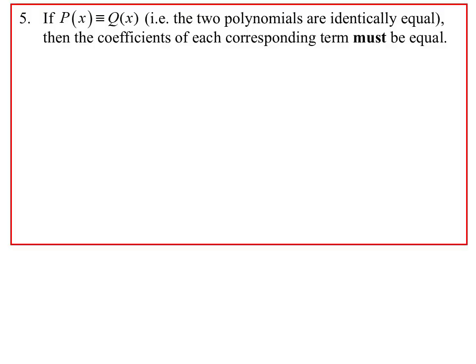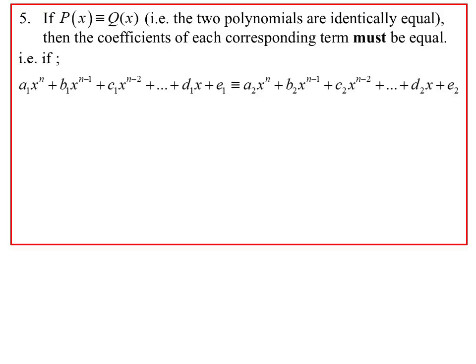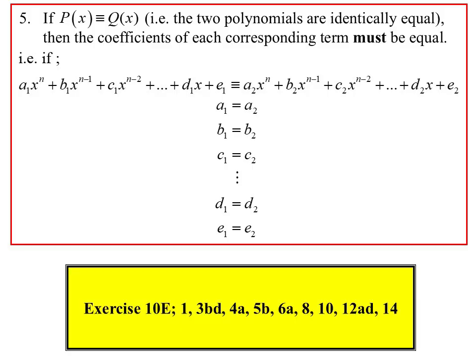But what that therefore means is if they are the same polynomial, then all their coefficients must be the same as well. Now if I had something like that, what I can conclude is that A1 must equal A2, B1 must equal B2, C1 must equal C2, and so on for all of the coefficients. Okay, that is 10.